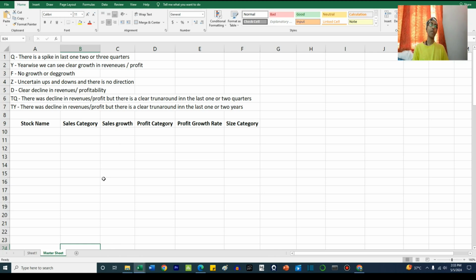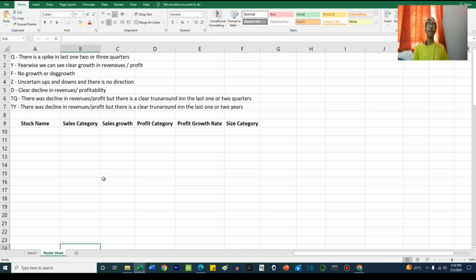Friends, if you go to any website where the stocks are represented sequentially year-wise in terms of their profit and loss, balance sheet and cash flow statements, you will see two primary factors, that is sales and profit. These two factors behave in very definitive patterns company-wise.